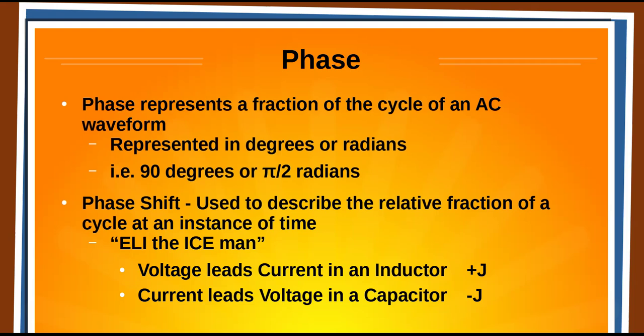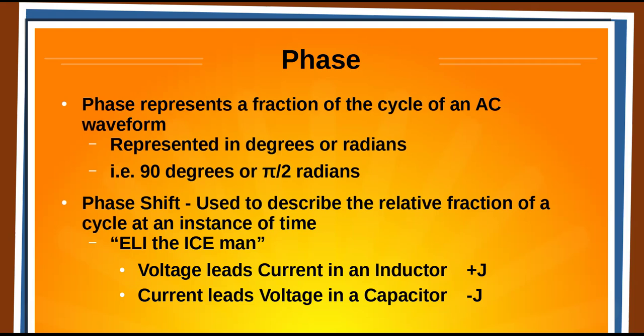So in an inductor, the voltage leads the current because you get a lag in current flow through an inductor. You have to apply a voltage and you're up to 90 degrees phase before you start seeing current flow, because of the 90-degree phase shift between voltage and current.